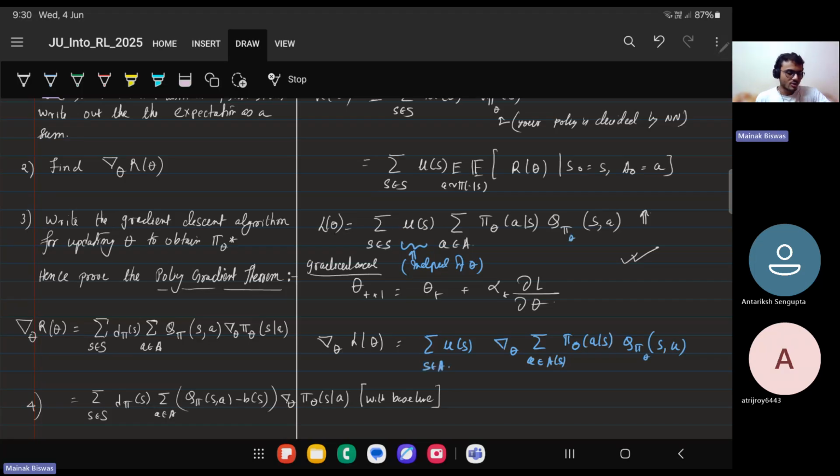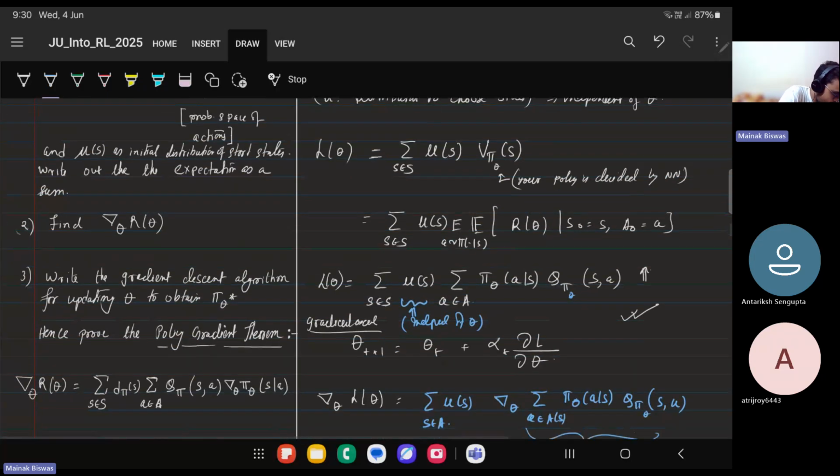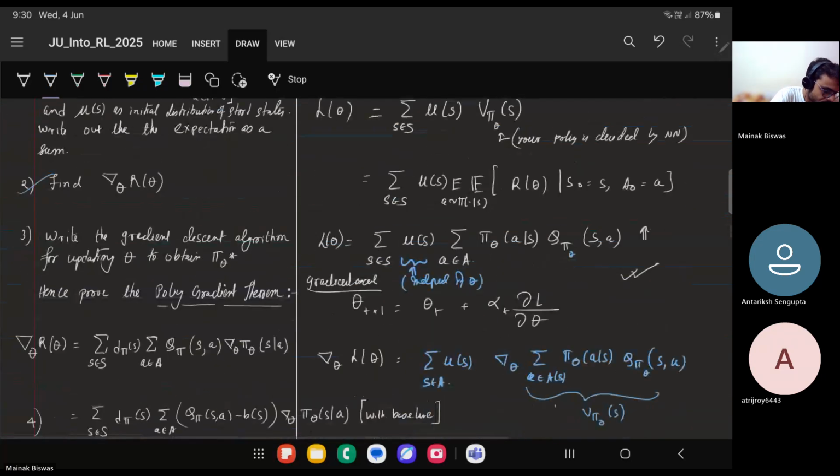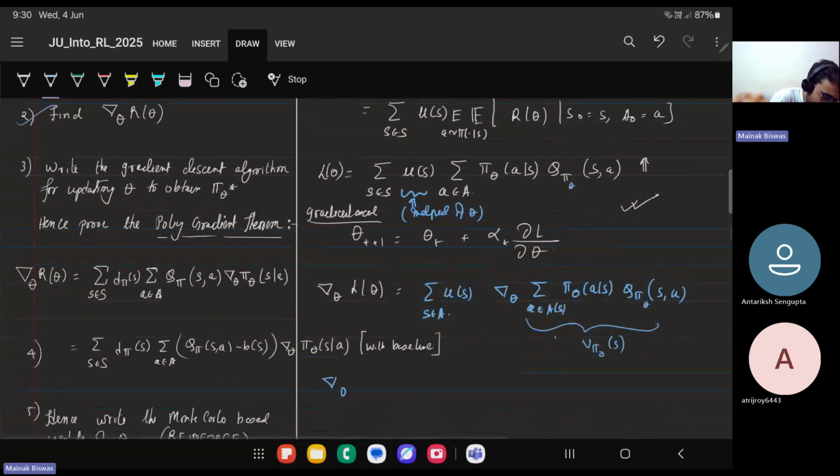So let us try to see the derivative of this inner function. Are you okay with me? So the inner function is v pi theta of S. Time and again we have proved that. So MDP is done. Now let us try to take the derivative of the inner function.